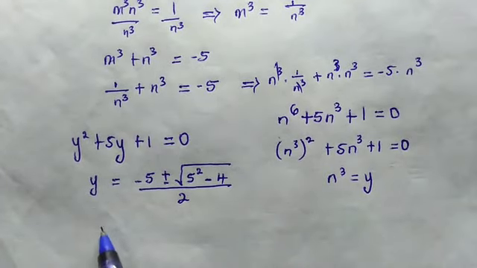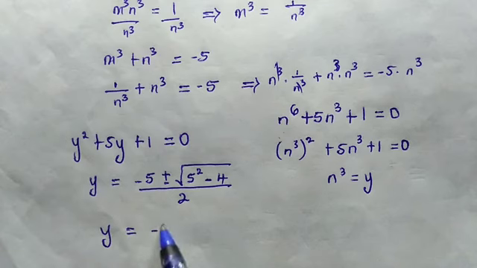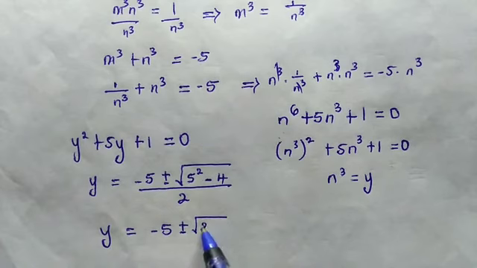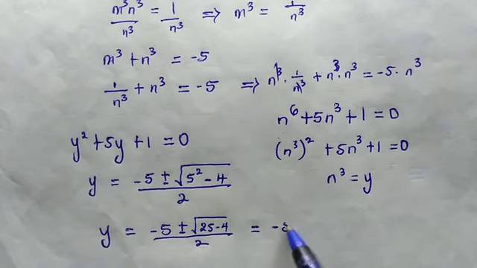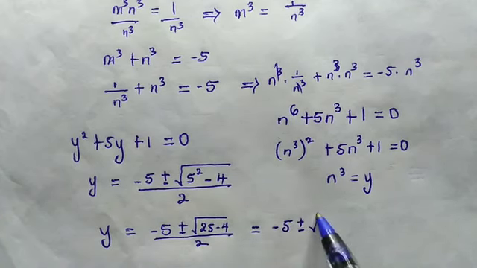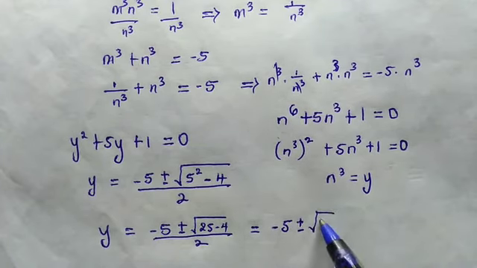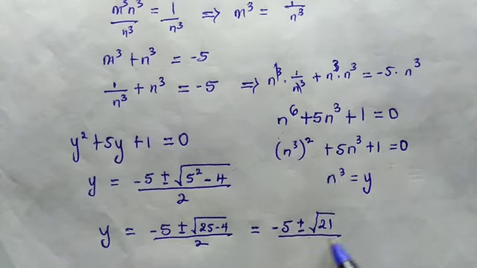From here we get y is equal to negative 5 plus or minus the square root of 25 minus 4, all over 2, which is equal to negative 5 plus or minus the square root of 21 all over 2.